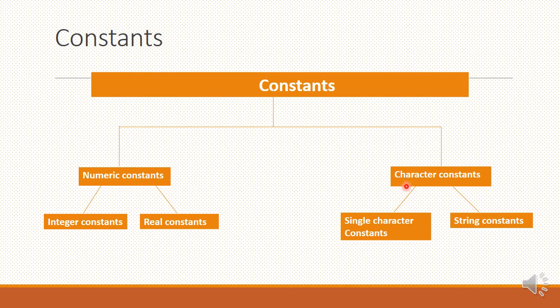Character means characters, that is A to B. Those characters are divided into single character constants and string constants. Now let us study in detail these numeric constants and character constants and their types.